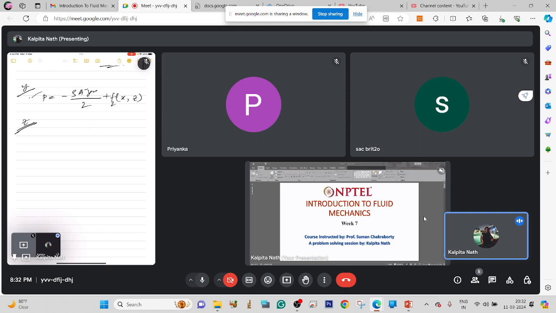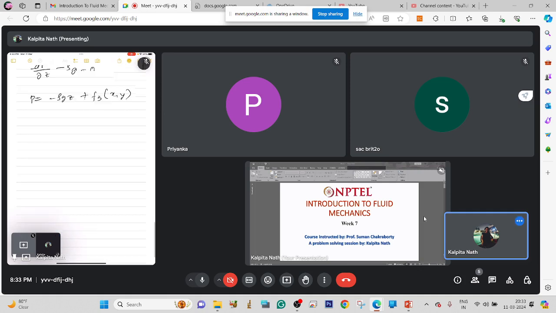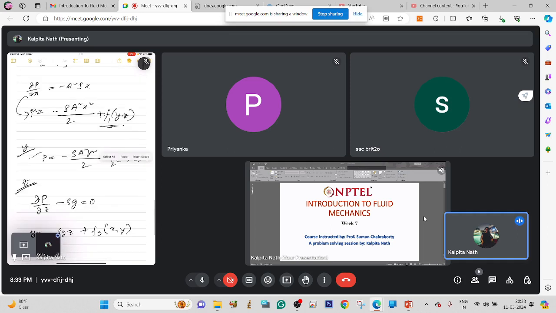We will only have minus del p del z minus rho g, because body force is only along the z direction here. If we integrate this, it will be minus rho g z plus some function of x.